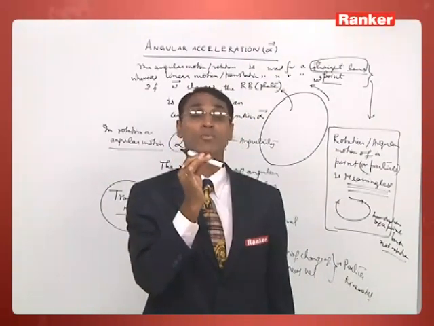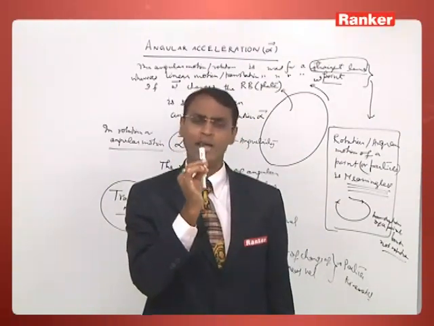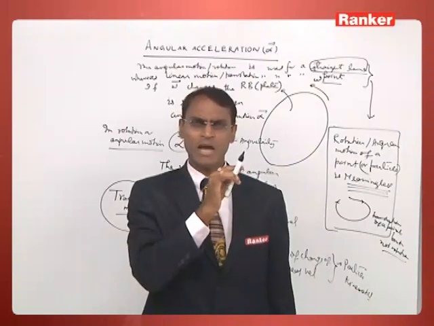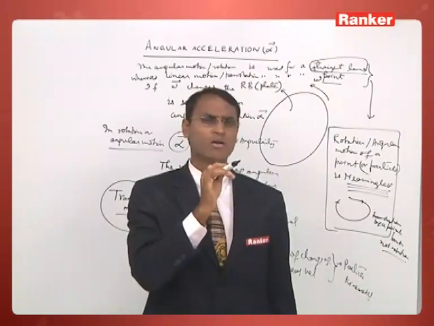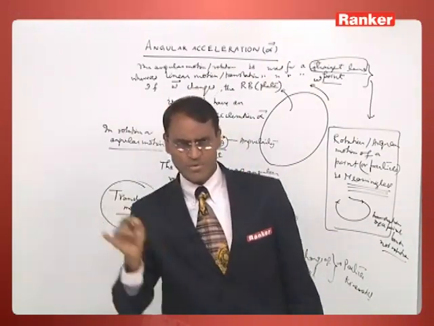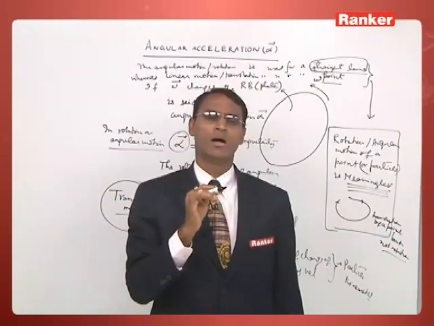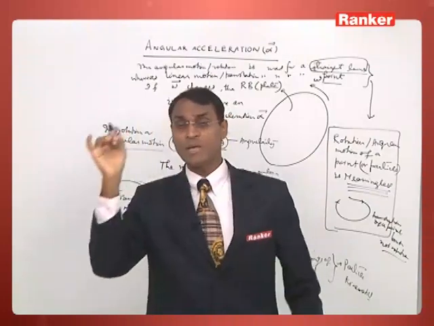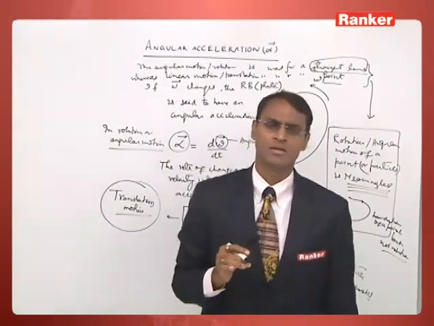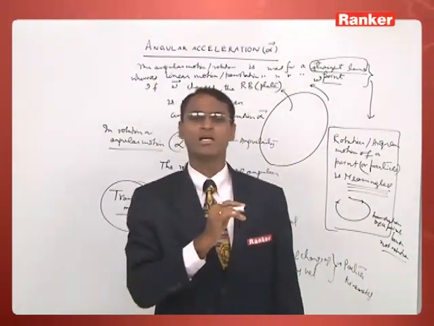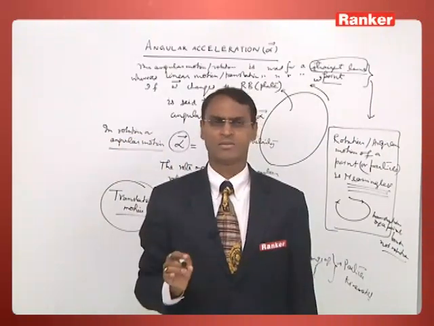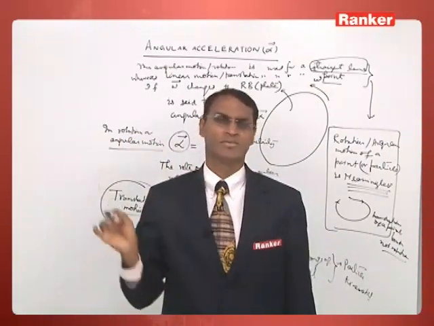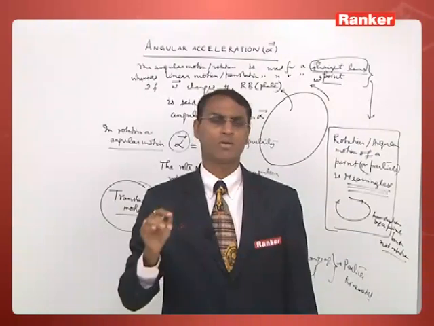But when you take a point and try to concoct the philosophy that when the point is moving in a circle, or in a parabola, or in a straight line, or it may be moving in any curve, when the point moves in a curve, you cannot call it a rotation.